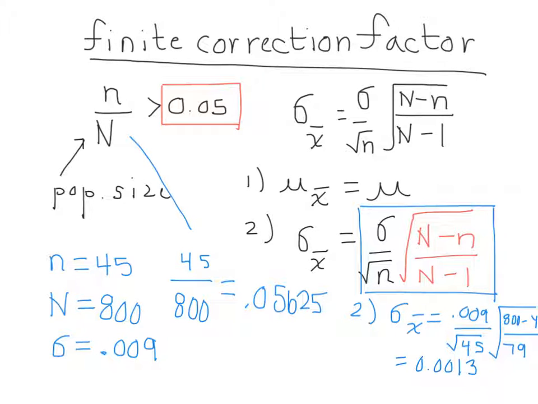That is in large part because our sample was just slightly more than 5%. If it's like 10% or 15% or 20% of the population, then that finite correction factor can have an influence on the standard error of your sampling distribution.